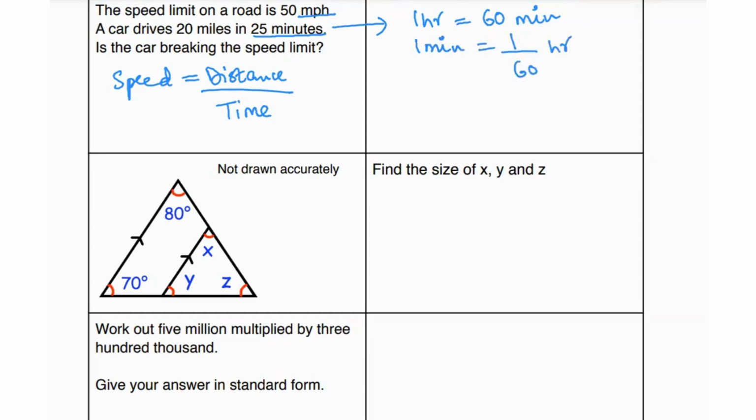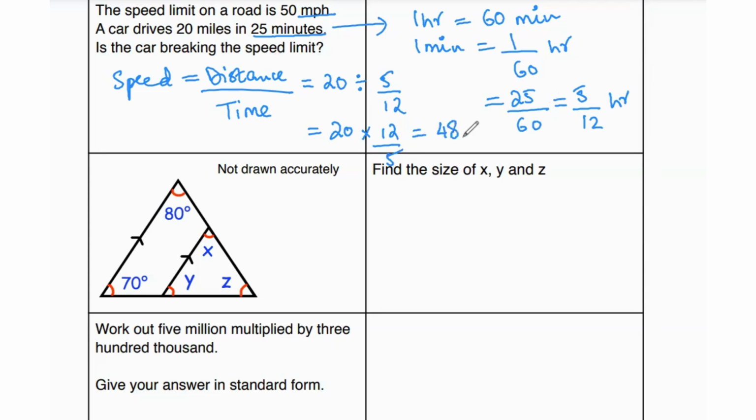So to convert 25 minutes into hours, we do 25 divided by 60, which is basically equal to 5 over 12. So now to find the speed, we do 20 divided by 5 over 12, which is 20 times 12 over 5, and that is 48 miles per hour.